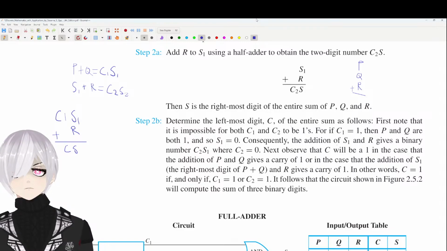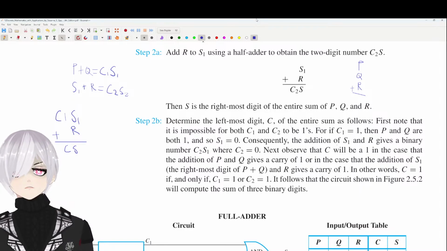Then P plus Q equals 1 0, because the only way you can get a sum of binary digits with a 1 as its left digit is if you have 1 plus 1 equals 1 0. So if C1 equals 1, that means that P plus Q must have been equal to 1 0. So the C1 S1 is going to be 1 0.